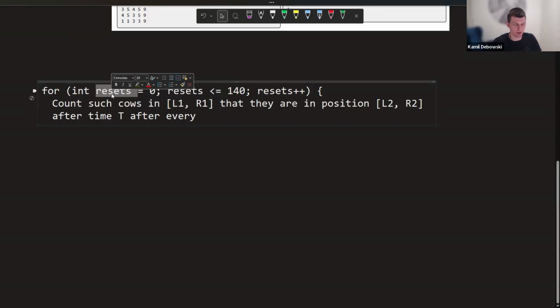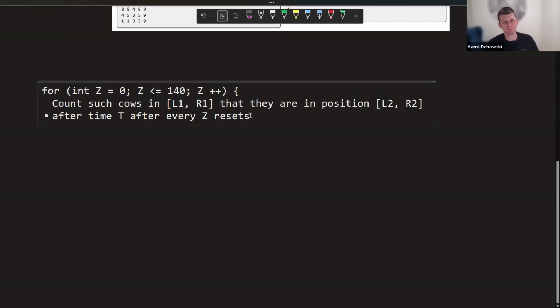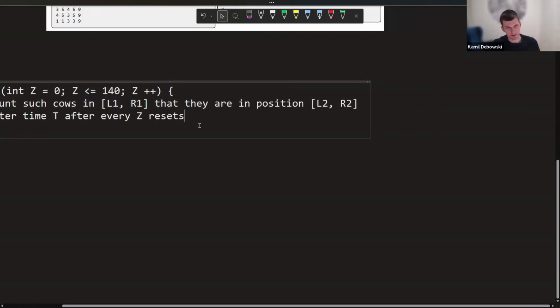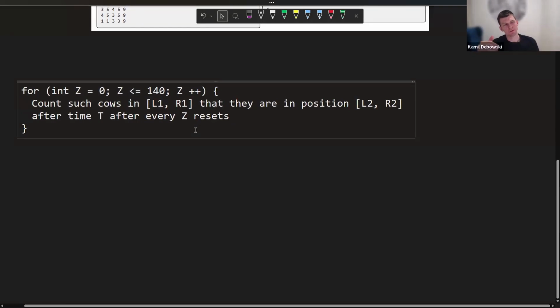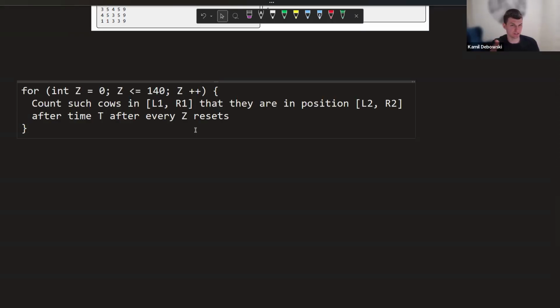Let's call this variable z, after z resets. Because the number of resets affects the math heavily, given the number of resets we can express where the cow is in terms of some formula, but rounding is annoying.